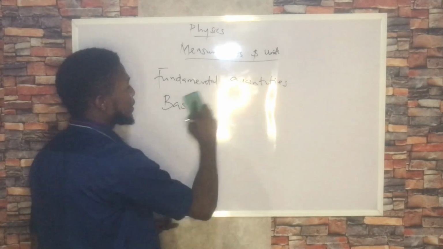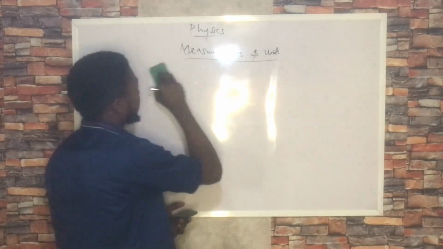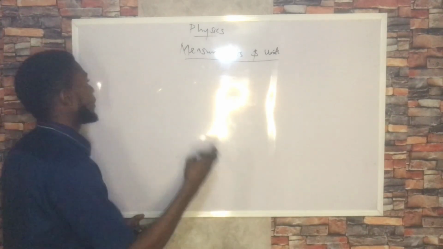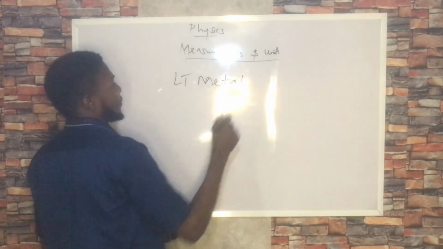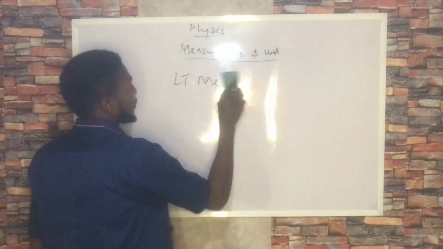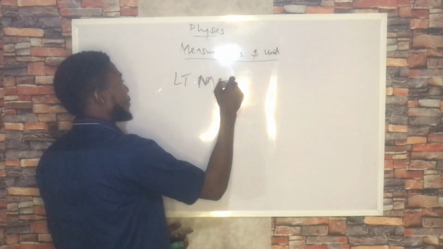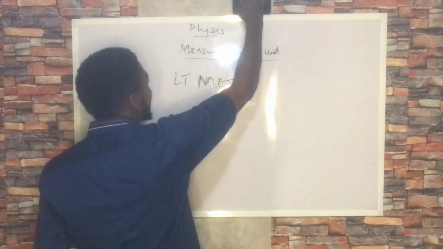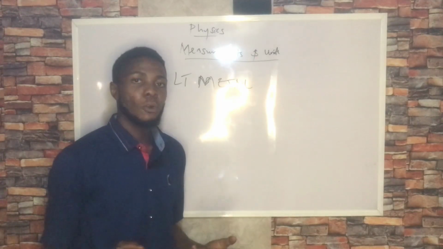So I'll just quickly list them out. The 7 basic quantities in physics, following the scope of O level.